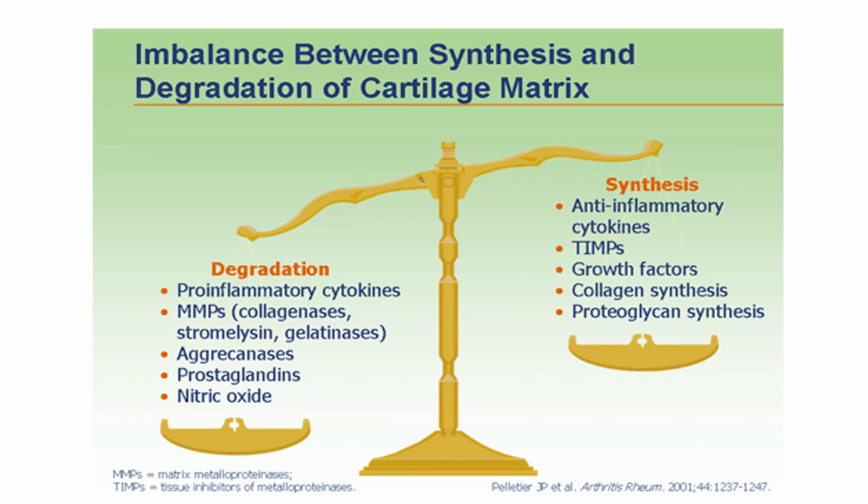So this imbalance between the synthesis and degradation of the cartilage matrix is due to increased degradation by pro-inflammatory cytokines, matrix metalloproteinases such as collagenases, stromelysins, gelatinases, aggrecanases, prostaglandins, and nitric oxide, while the synthesis of anti-inflammatory cytokines, tissue inhibitors of matrix metalloproteases, growth factor, collagen synthesis, and proteoglycan synthesis are decreased.